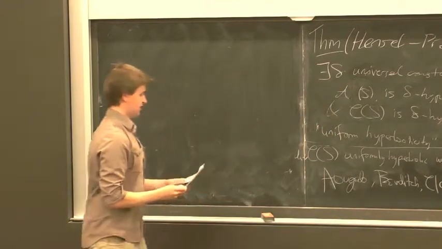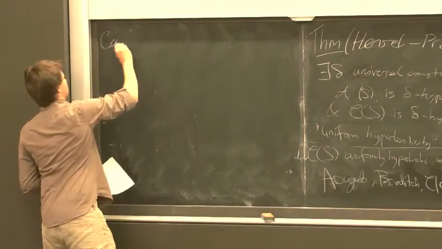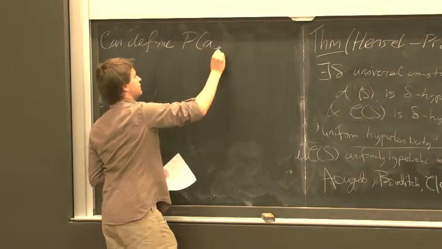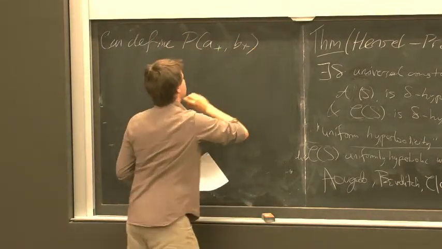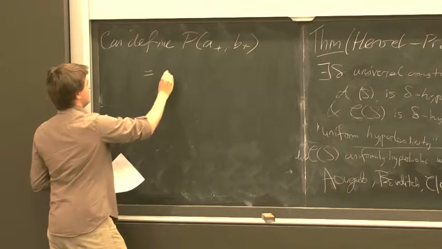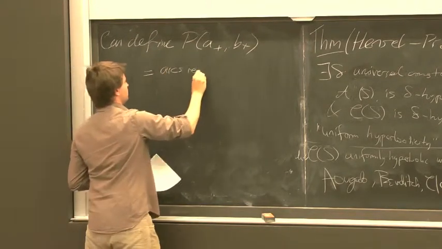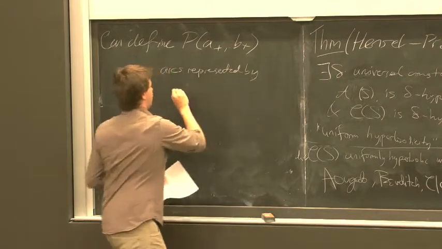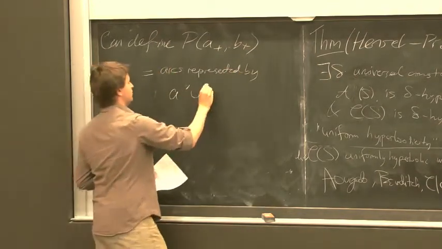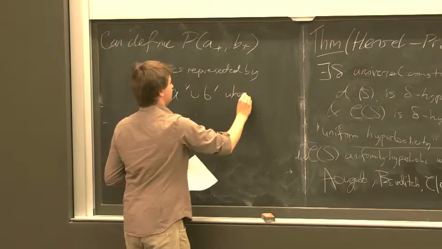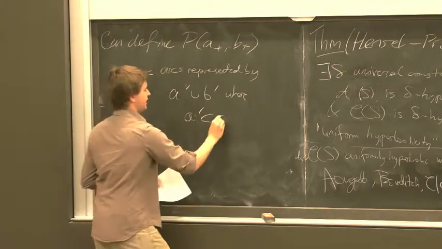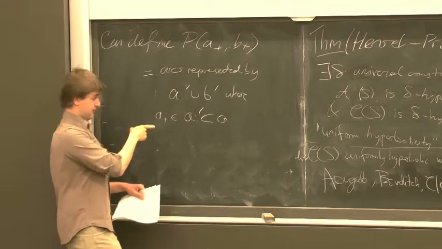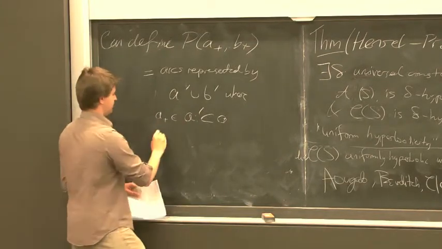Right. So let me write that down. We can define P of A plus, B plus to be the set of arcs represented by A prime union B prime, where A prime is a subset of A containing the endpoint A plus.